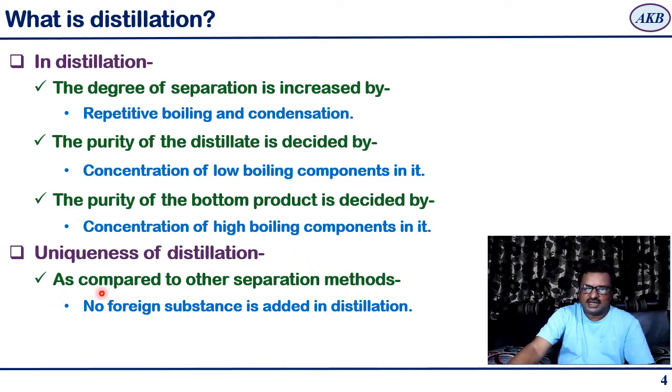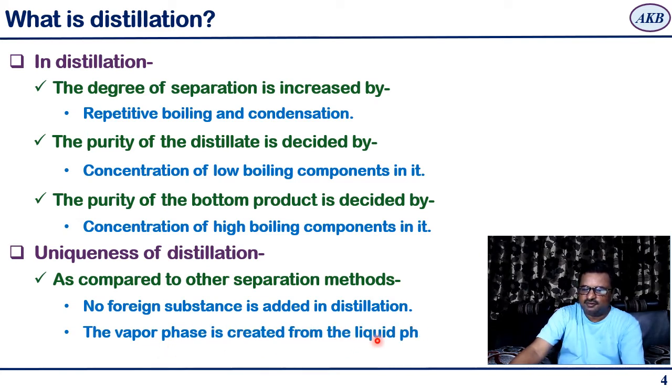As compared to other separation methods, no foreign substance is added. The vapor phase is created from the liquid phase by addition of heat. So in this way we have understood what distillation is, and I have also talked about its uniqueness.